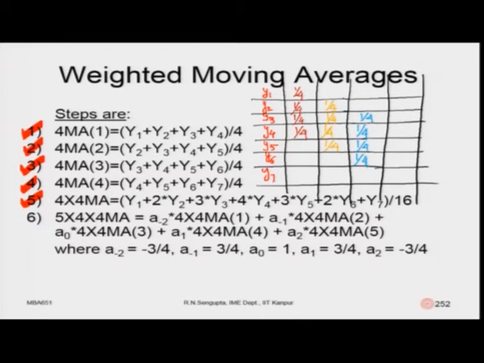So, this is 4MA3. 4MA4, again it will move 1 notch, it will again be 1/4 weights, and the weights would be given in this way. It will be 1/4 for y4, 1/4 for y5, 1/4 for y6, 1/4 for y7.